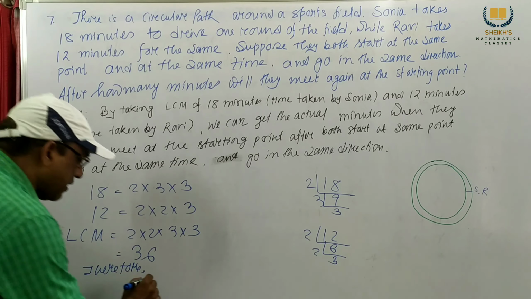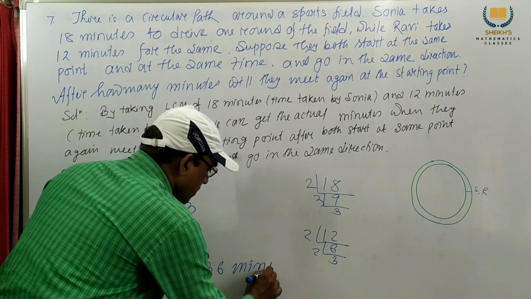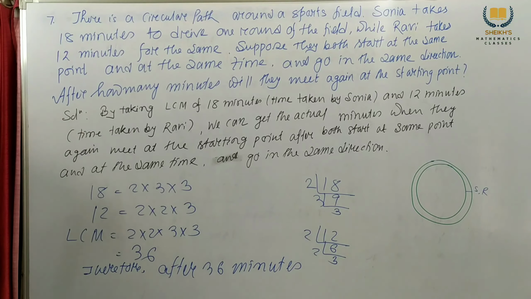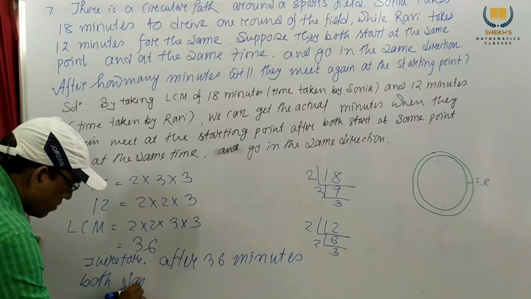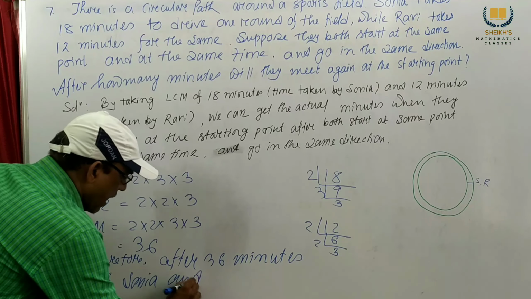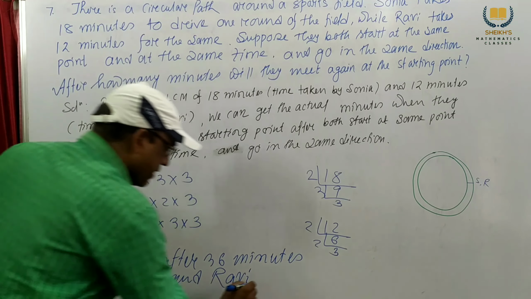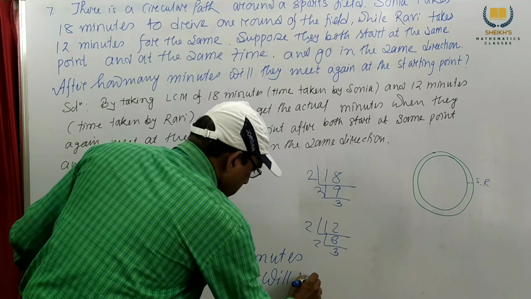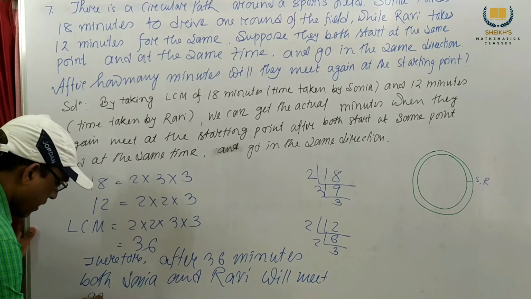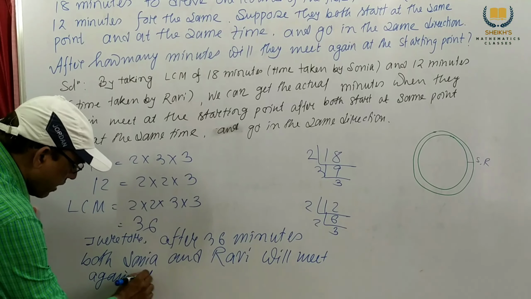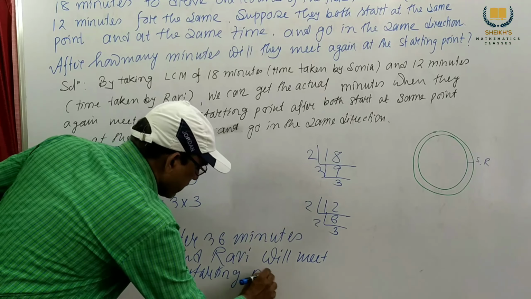Therefore after 36 minutes both Sonia and Robbie will meet again at the starting point.